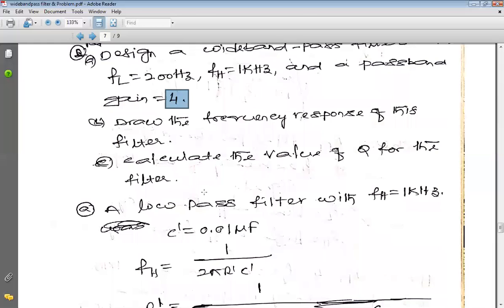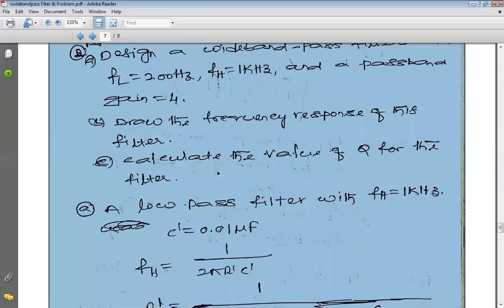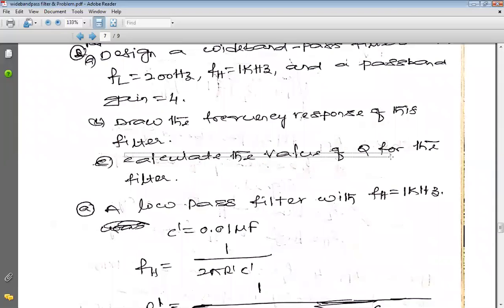We also have to draw the frequency response, and calculate the Q value, the quality factor of the filter.